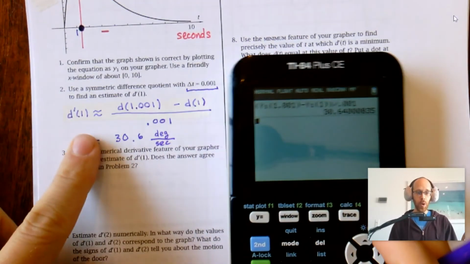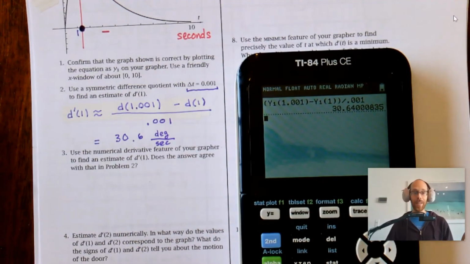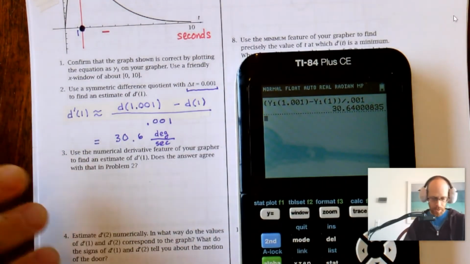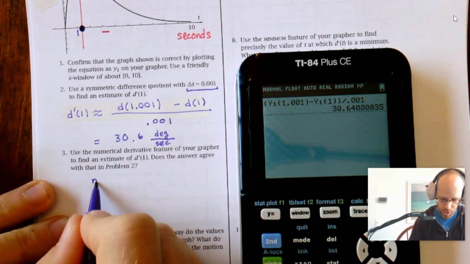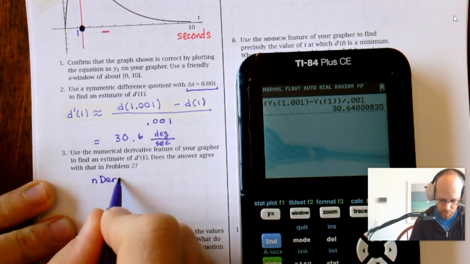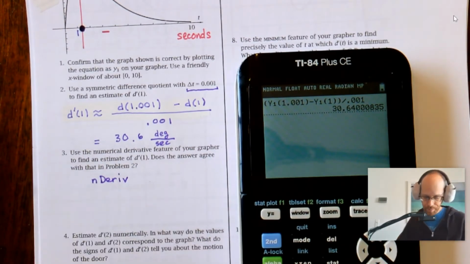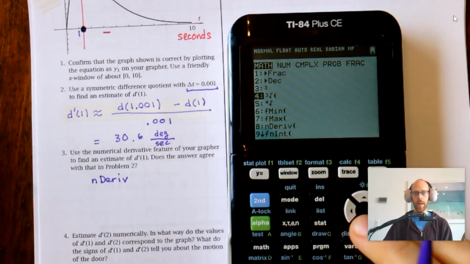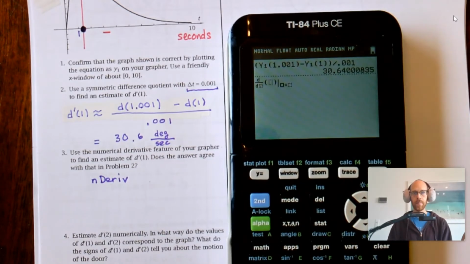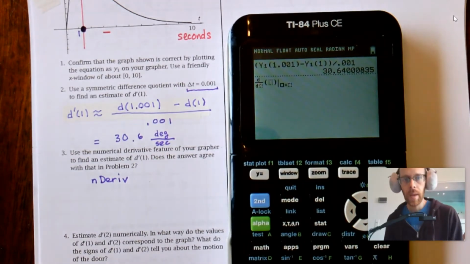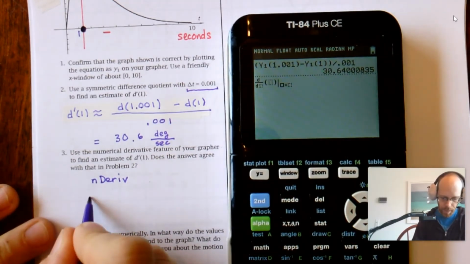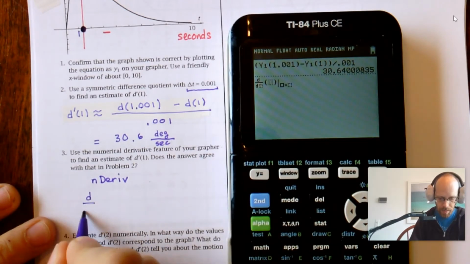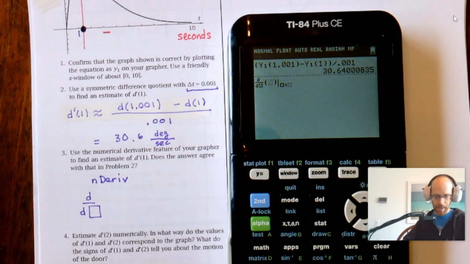Next thing, check this out. It turns out that the work we did right here, the calculator will do for us. There is this feature called nDeriv. It's right here. You hit the math button, and then you groove on down to number 8. When you get there, here's what you're going to put in. I would write this down for future reference. You'll see d/dx.